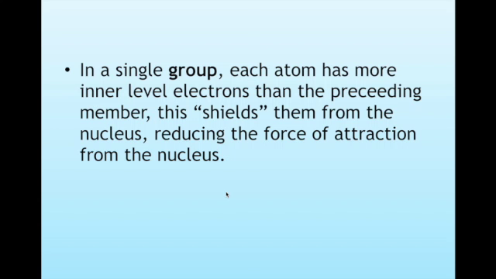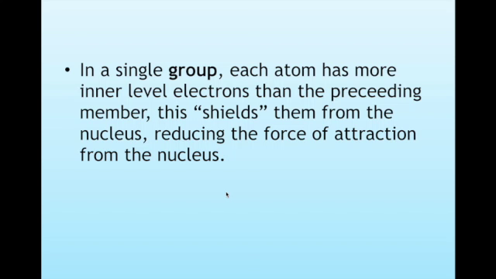And what that's doing is instead of it getting smaller like we saw as we went across the period, because we were adding more, the force now is greater. Now as we go down the group, we're not seeing that trend because we've added a new level, and the previous ones are shielding the distance between the electron and that proton. So instead of that pulling happening, we actually have shielding happening. You could also think of this as just adding another ring.